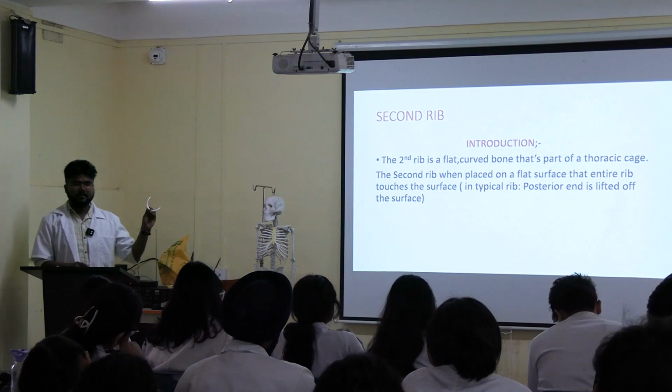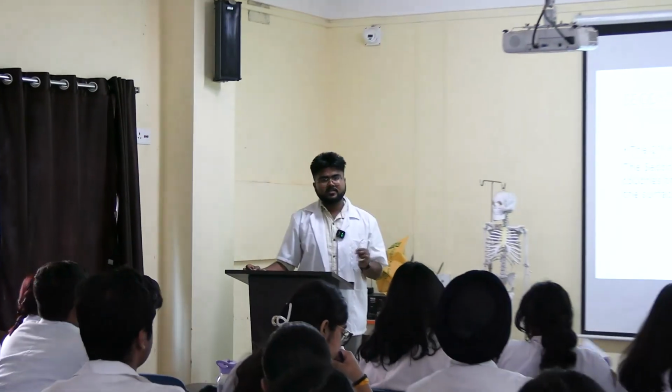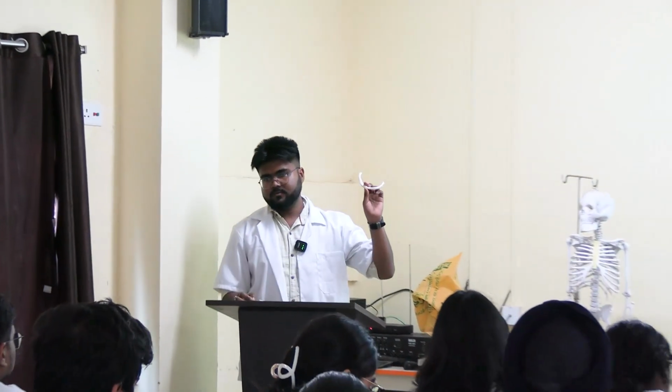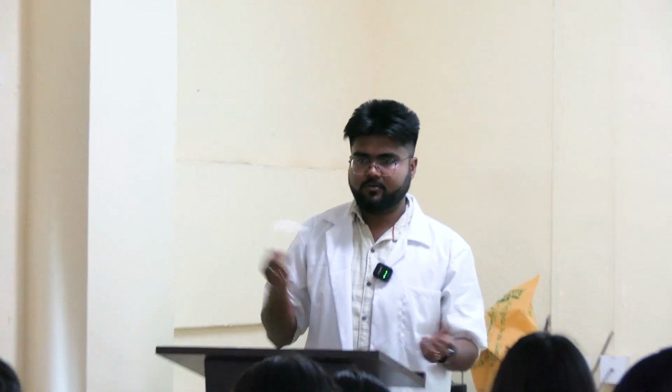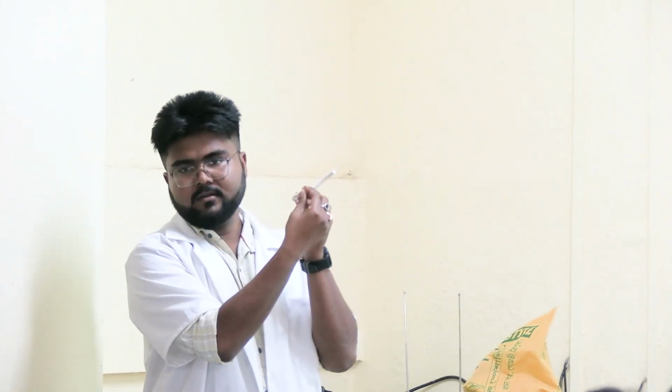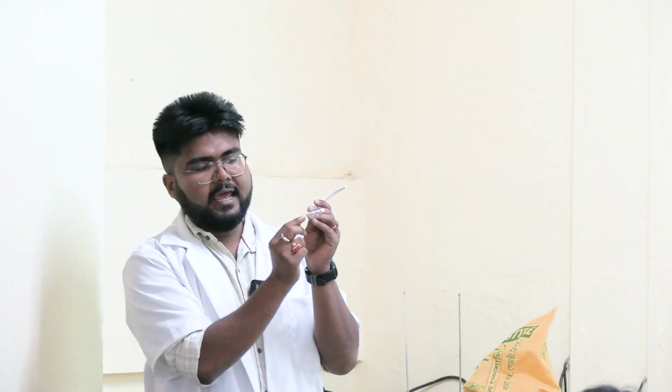Now listen properly. So this is your second rib. How do you know this is your second rib or not? The second rib has some special features. This is your anterior end, and this is your posterior end. The posterior end has the head, neck, and then tubercle and angle.